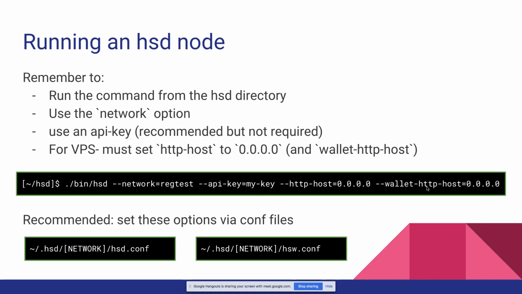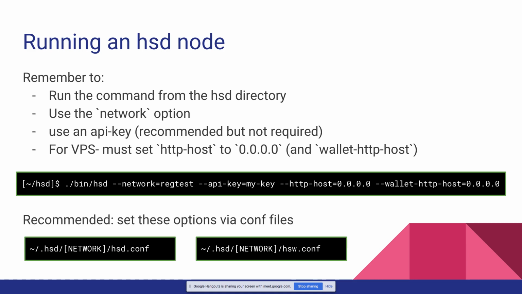Now these last two things are kind of hard to know, and it's certainly tripped me up. But when you want to be able to connect to your node that's on a VPS, if it's on DigitalOcean or if it's on AWS, you need to pass these options in. And what this is basically telling HSD or bcoin is to expose my node to external traffic.